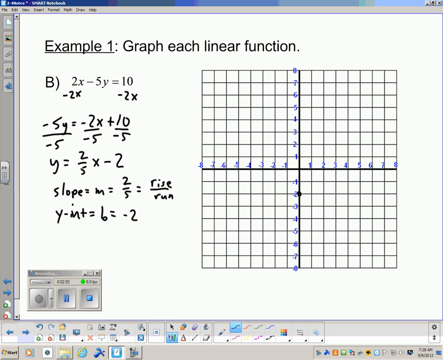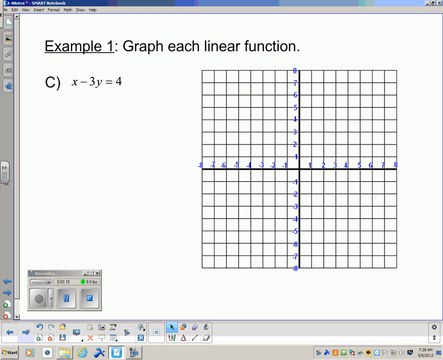And then from that, I'm going to rise 2 and run 5. And there's my graph. So it's up to you. Do you want to put it in y equals mx plus b form, or do you want to cover up the x and find the y-intercept, and then cover up the y and find the x-intercept?